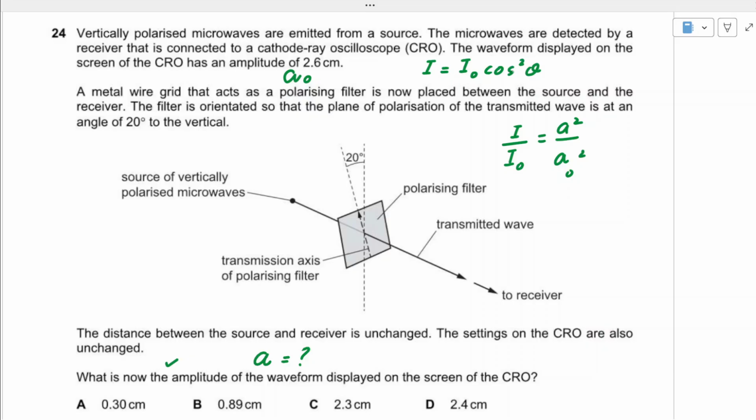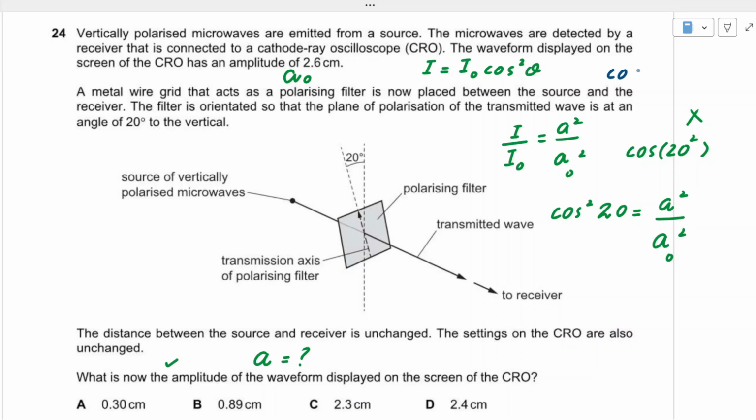So I1 over I naught equals cos square theta. So instead of I1 over I naught, I can write here cos square 20 equals a square divided by a naught square. Make sure when you write it on the calculator, don't write cos 20 squared this way. This is incorrect, because you're taking the square of the angle and then taking the cosine of it.